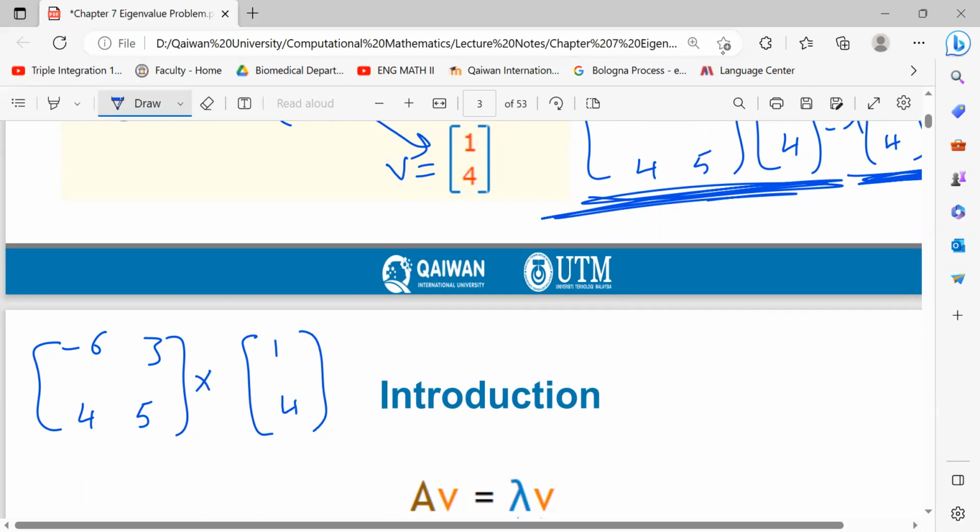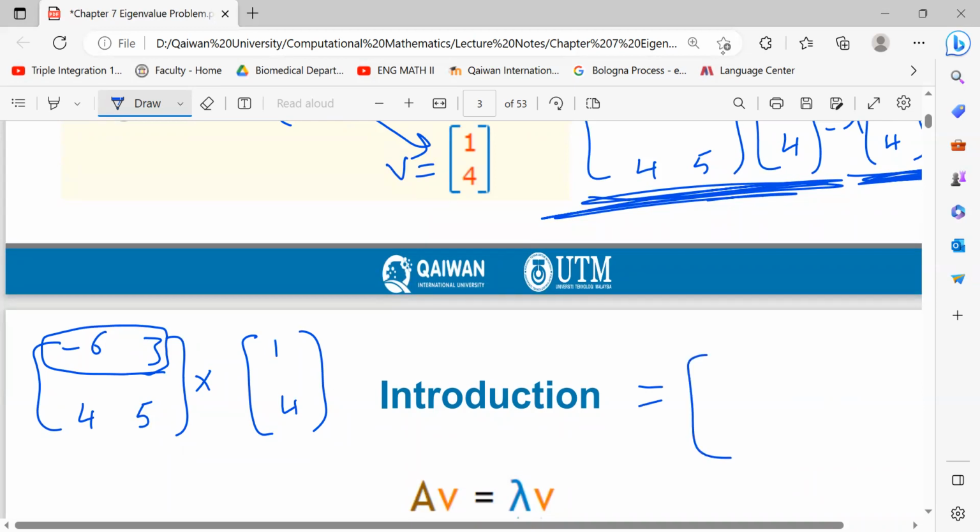We multiply the first row by all columns in the second matrix, and also the second row by all columns in the second matrix. But in the second matrix, we have only one column.